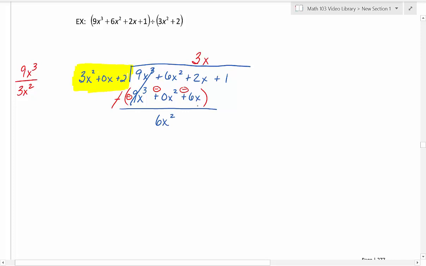And a positive 2x minus 6x gives us a negative 4x. And we bring down our next term. You may be asking yourself, how do I know how many terms to bring down if there's more than one available? However many terms cancel out, like our x to the thirds canceled out, that's how many terms you should bring down in this move.